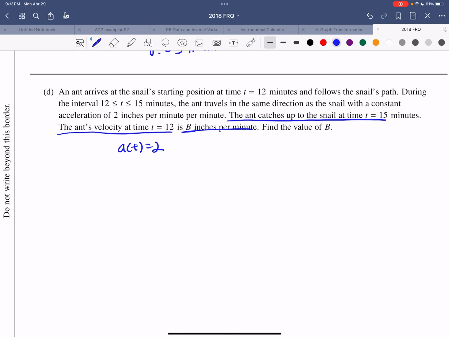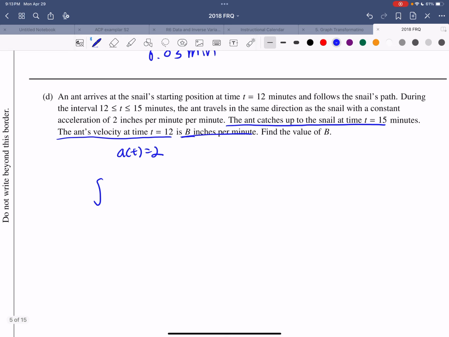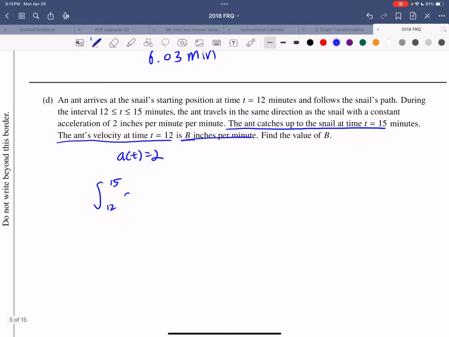If you want to find b, you have to find the velocity. So let's take the antiderivative of acceleration, because that will give you the velocity. The antiderivative of acceleration is the velocity.